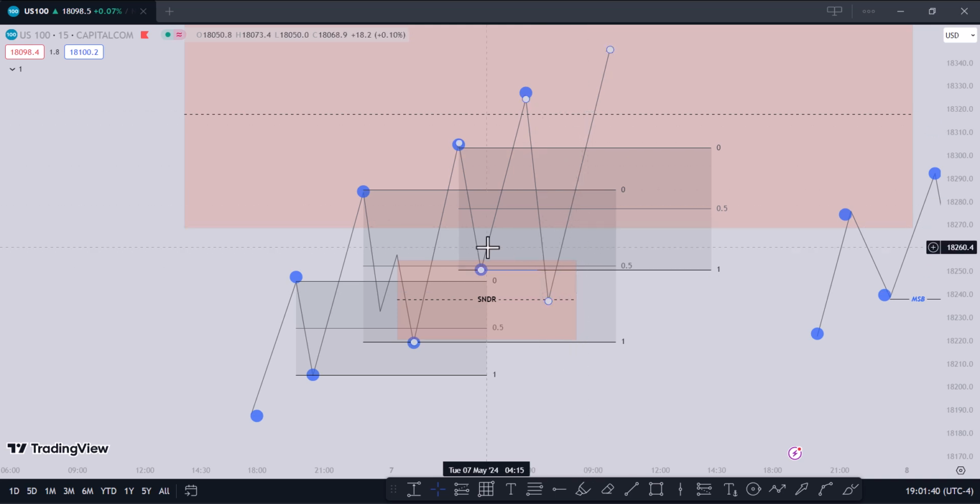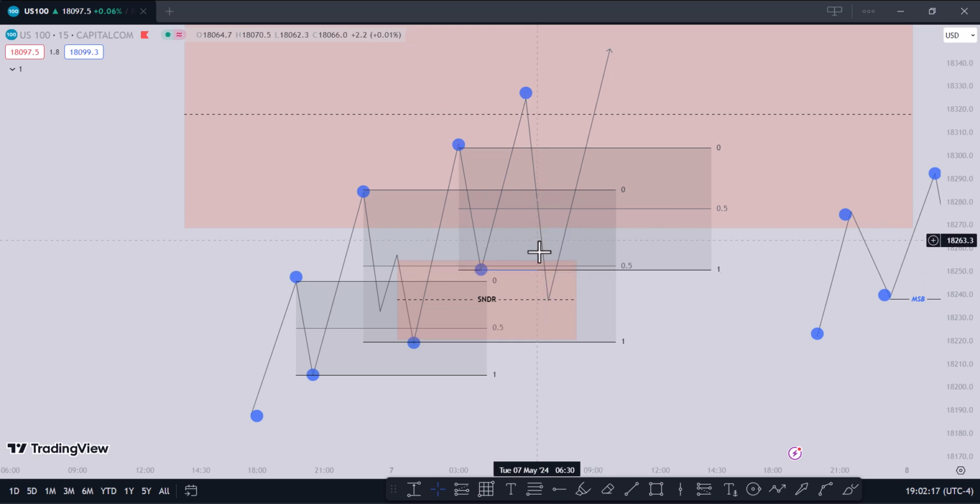So we have a double bottom scenario in the SNDR. This SNDR or this fractal is the one that put in a new high. It's the one responsible for putting a new high, right? From here, all right? Not this, but this zone is the one that put in a new high, this one right here.